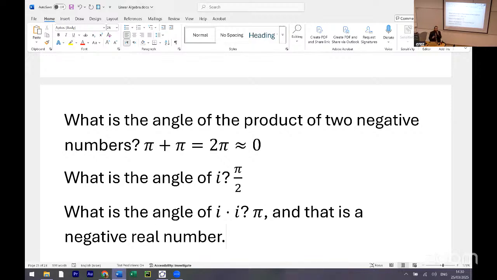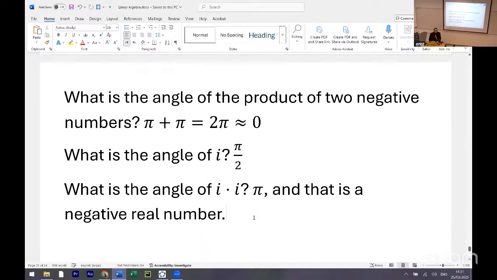Okay, so the positive is the angle 0, the negative is the angle pi. And therefore we see all of the properties we already knew and some new properties as well. And these are the actual numbers that surround us in the real world. Any questions so far?